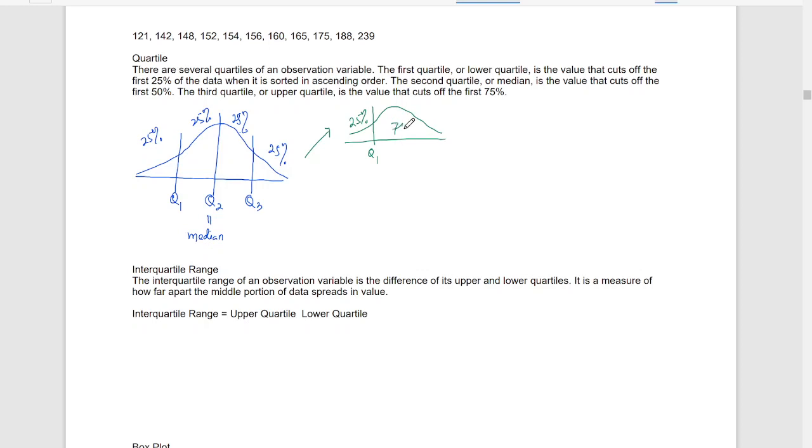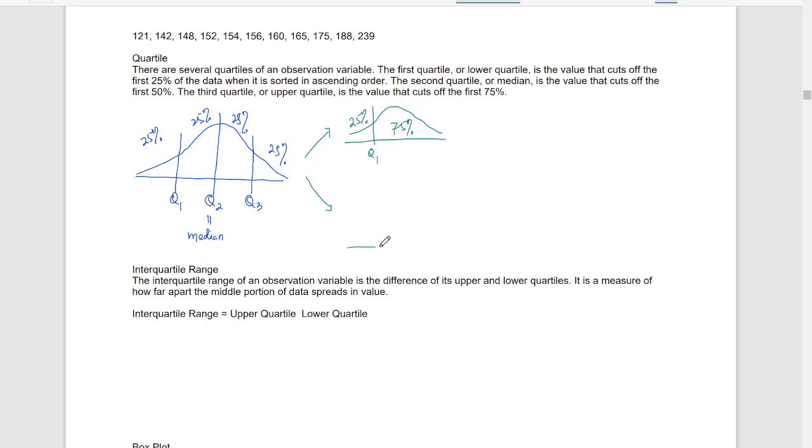Meanwhile, 75% of your data will be greater than the Q1 value. So maknanya kalau untuk median kita half-half kan. Tapi kalau untuk quartile, 25% less than the quartile value and 75% greater than the quartile value for the Q1 cutting point.